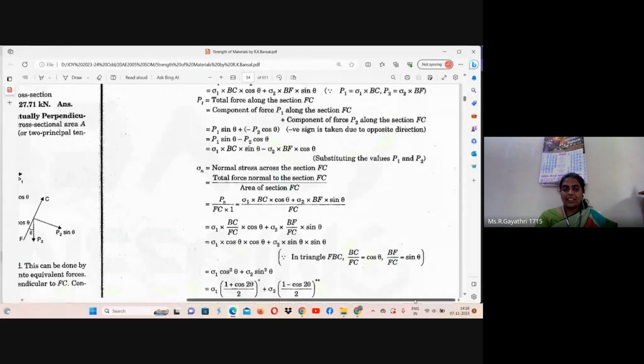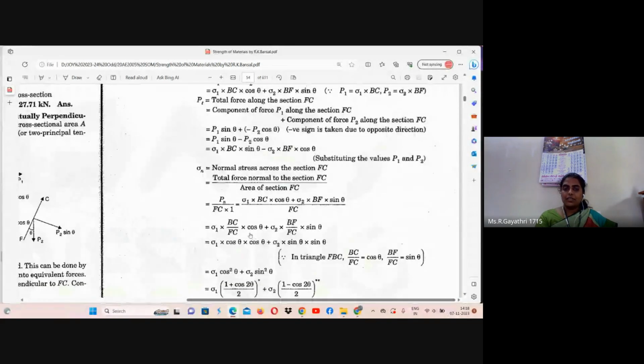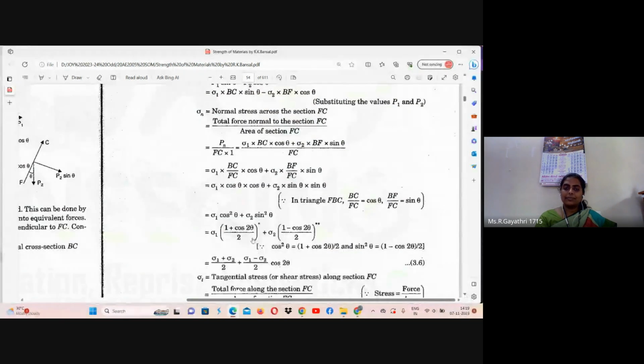From this triangle, this is a right angle triangle, it is understood cos theta means BC by FC. Sin theta means FB by FC. So BC by FC can be written as cos theta. BF or FB by FC can be written as sin theta. Answer is sigma n is equal to sigma 1 cos square theta plus sigma 2 sin square theta.